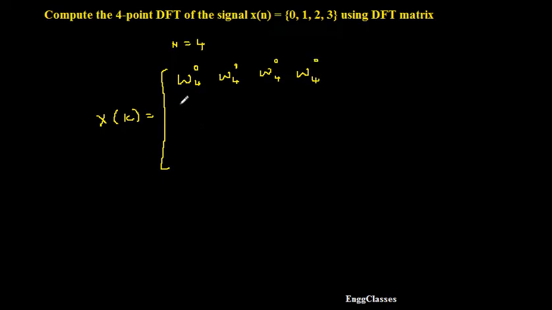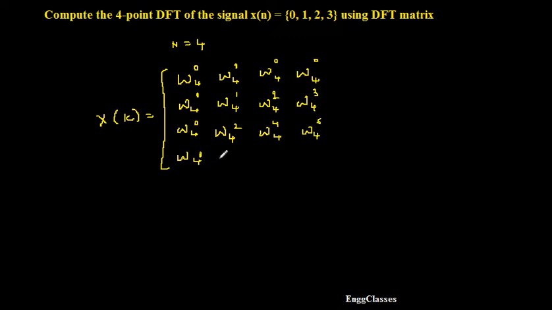So here in the first column also all terms are going to be w4 to the power 0. In the second row I'm going to get w4 to the power 1, w4 to the power 2, w4 to the power 3. Next I will have w4 to the power 2, w4 to the power 4, w4 to the power 6.